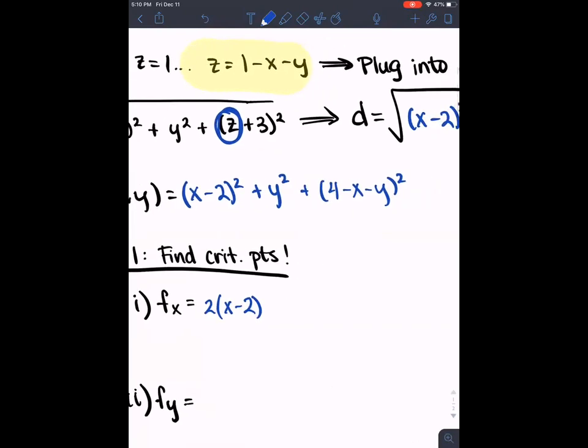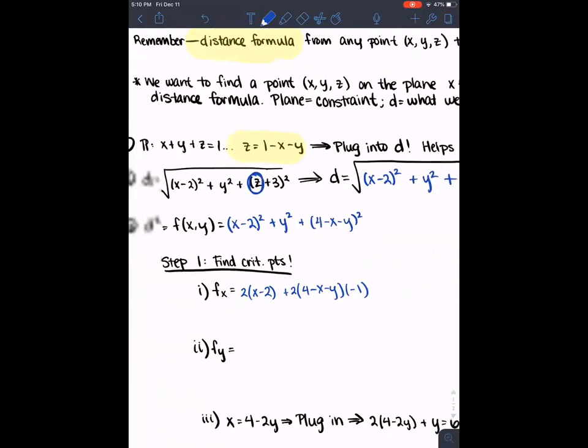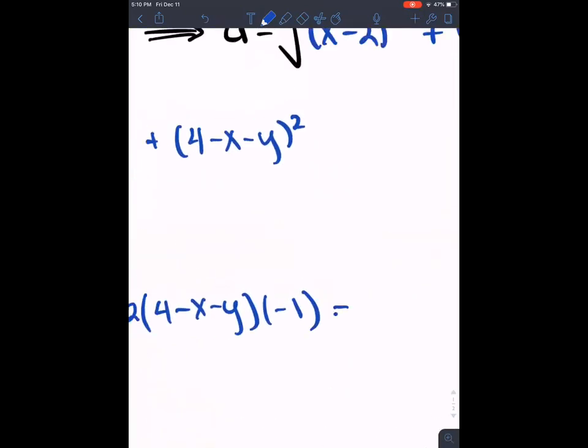And then you cancel out that y squared because it doesn't have an x in it. And then you do plus 2 times (4 - x - y) times -1. And what you do to find a critical point is you set this equal to 0.